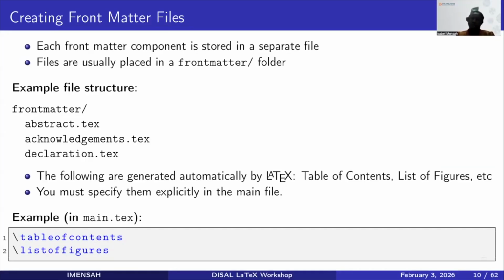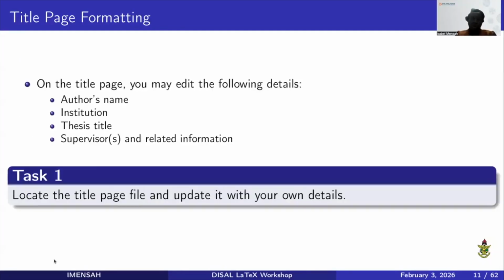So all that we have to do, there are default commands in LaTeX that generate the table of contents, the list of figures, etc. for us. As an example, in the main.tex file, which combines everything together, we can do \tableofcontents like the way I've displayed in 1 and 2, and it will automatically generate it for us and position it well also. Okay, so for the document we have cover page, title page.